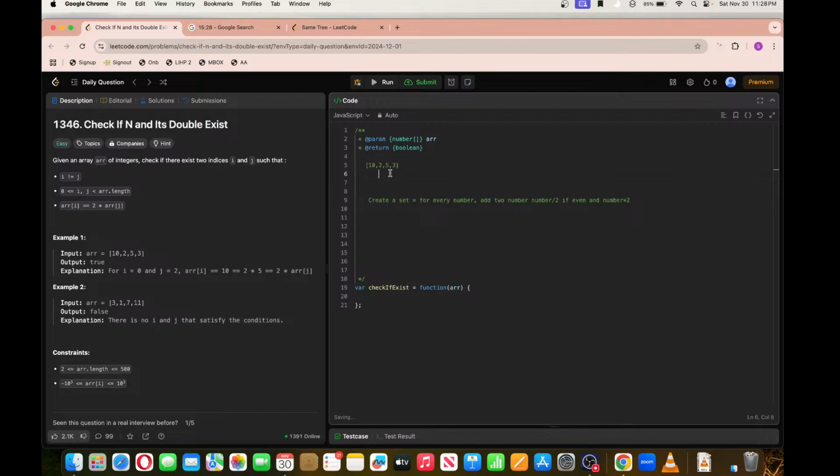So whenever I am looking at any number, first of all I can check, so create a set of possible doubles.